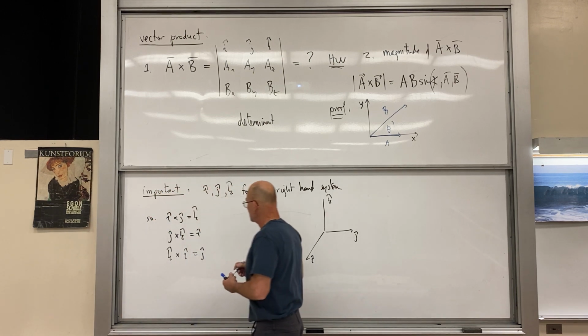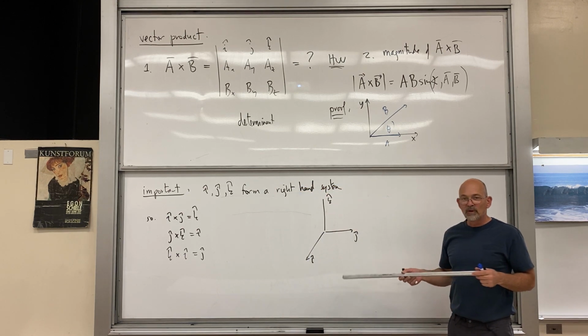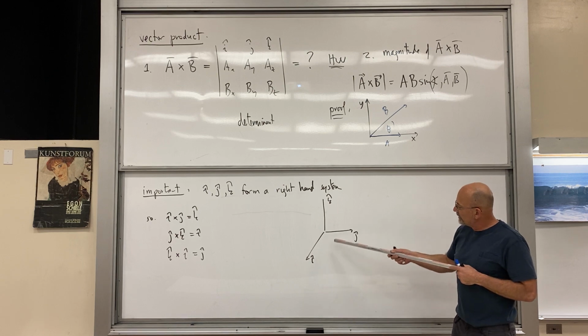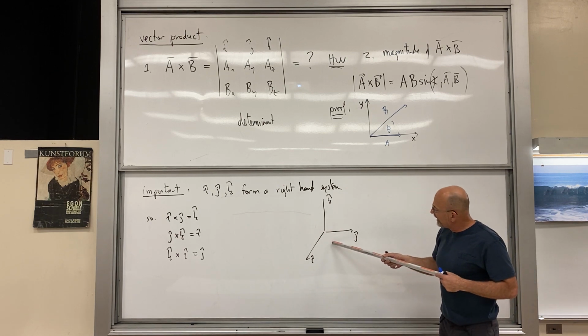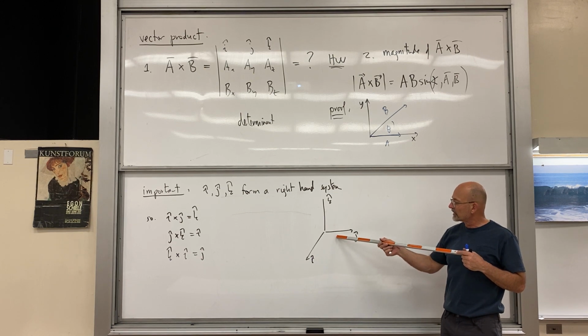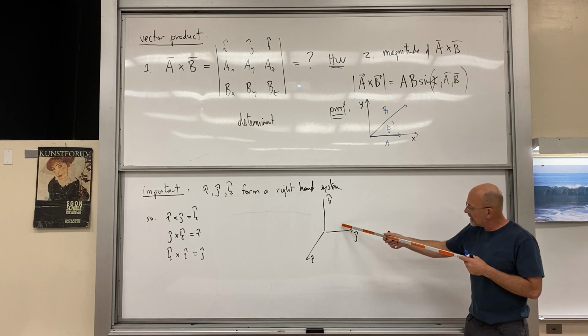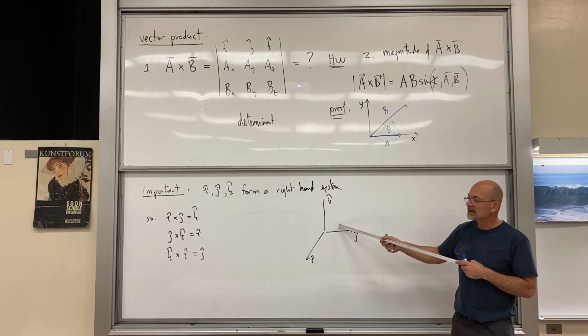Okay. So those three cross products take a unit vector cross a unit vector, and the resultant is always perpendicular to the plane spanned by both of those, perpendicular to each vector in the product.